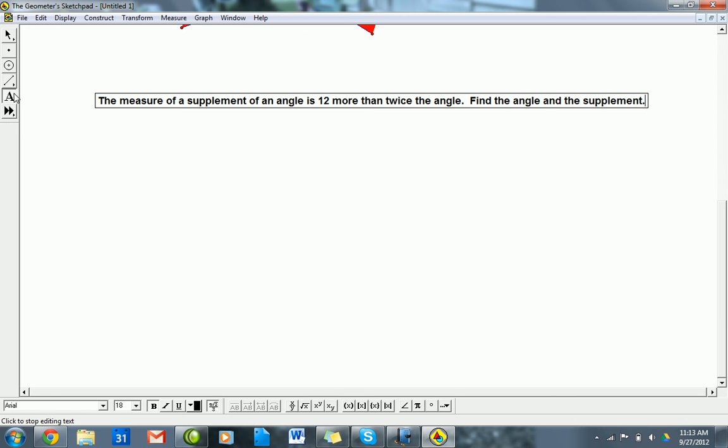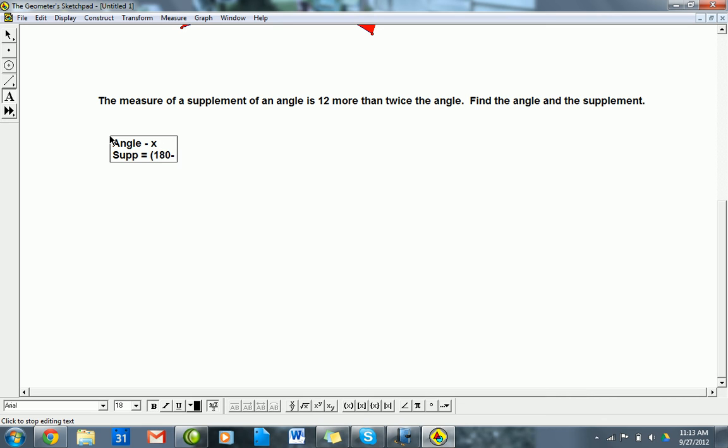Okay, a couple ways to think about this. One is as follows: if the angle is x, then its supplement will be 180 minus x, because these two have to add to 180 by supplementary angles. So one way to create an equation from this word problem is by using that notation.